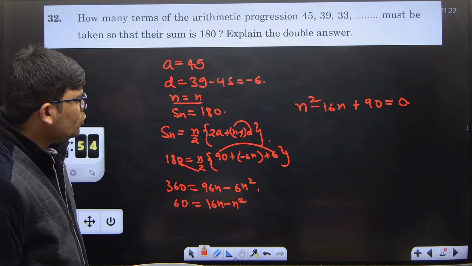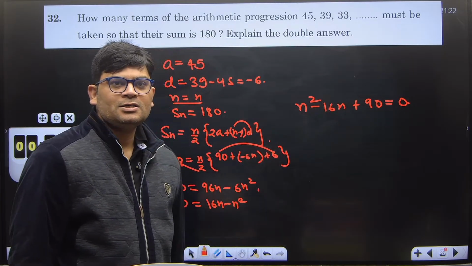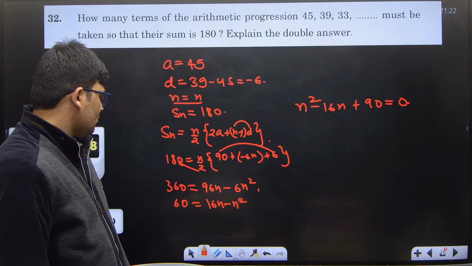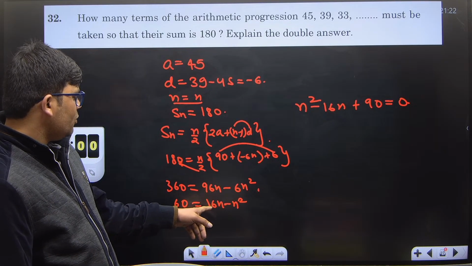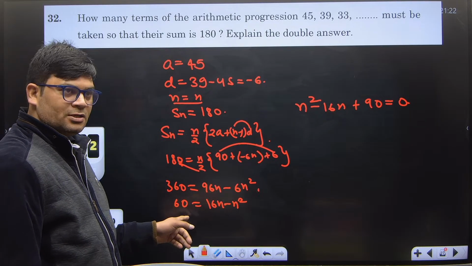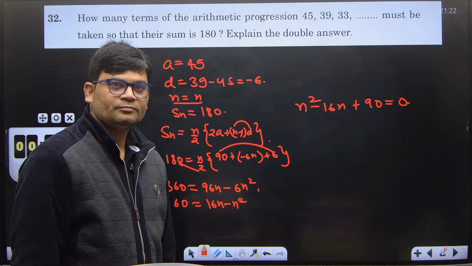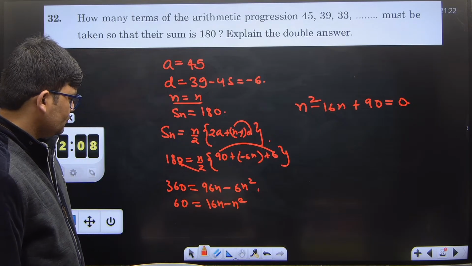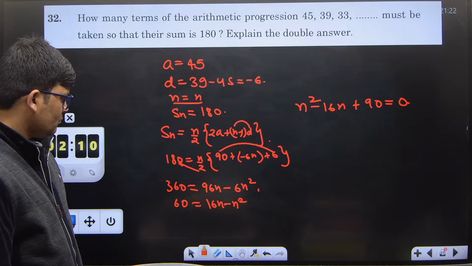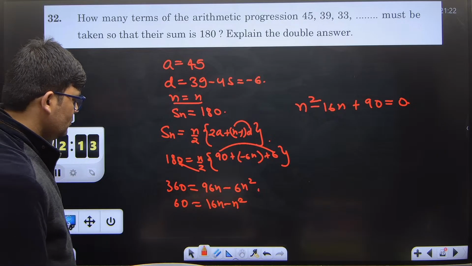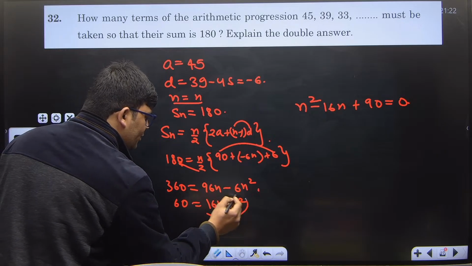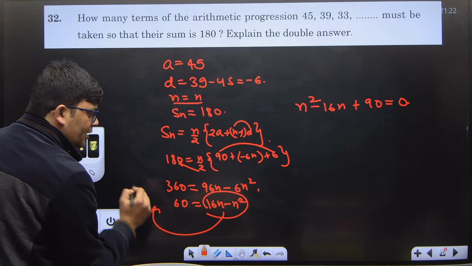So you need to know two numbers whose sum is 16 and product is 60. Is it plus 60? Yeah, no, it will go on the other side, it will become minus 16. We need to make minus n square positive, my dear. Okay, I understand that, but I'm not understanding why n square minus 16n plus 90 is equal to 0. Because I will take everything from this side to this side, left side.